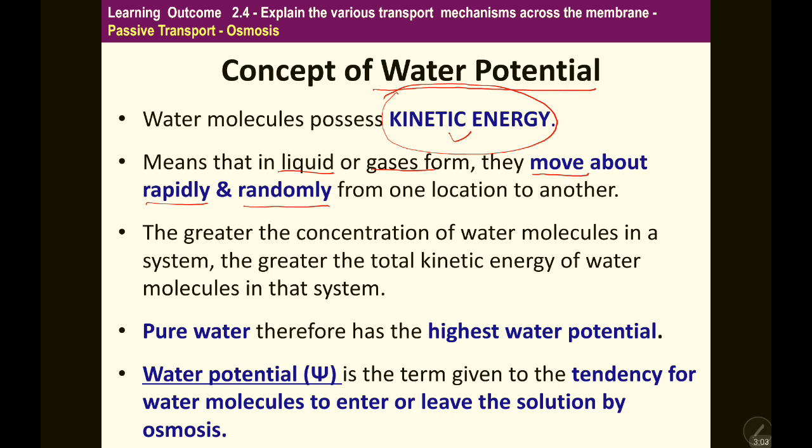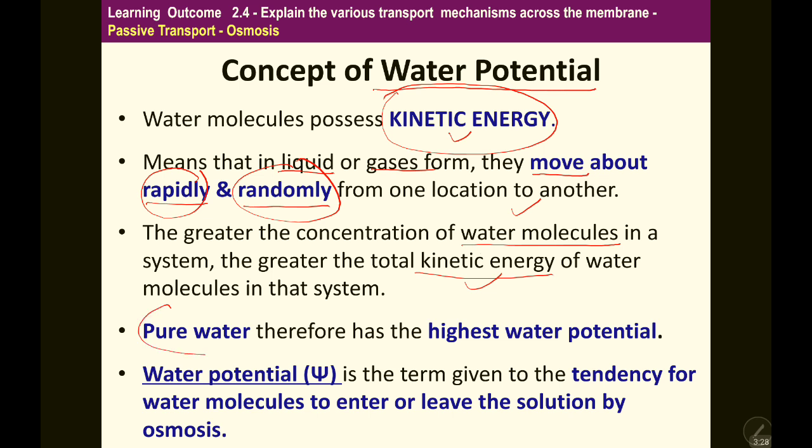When there are more water molecules in the system, the kinetic energy will be higher. Again, more water molecules means higher kinetic energy, because there is nothing to block the water molecules from moving about, so they can move more rapidly and randomly.